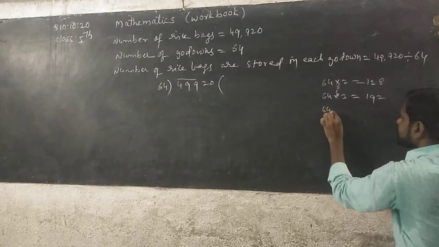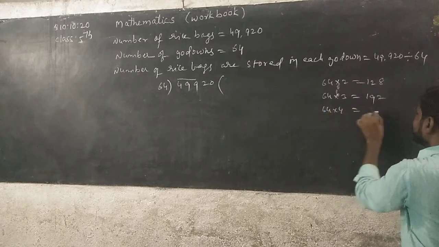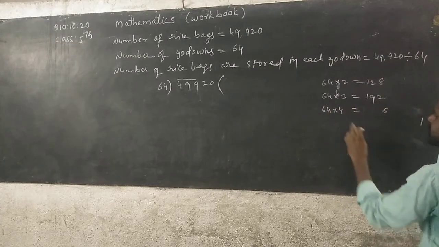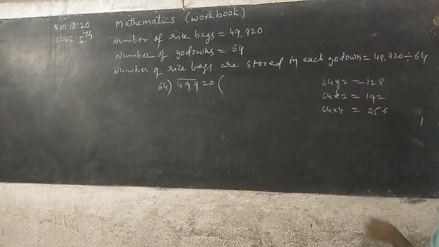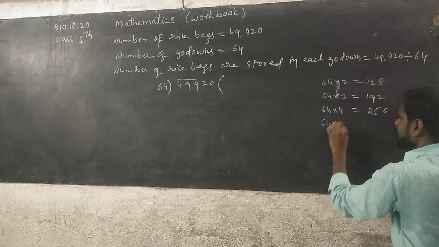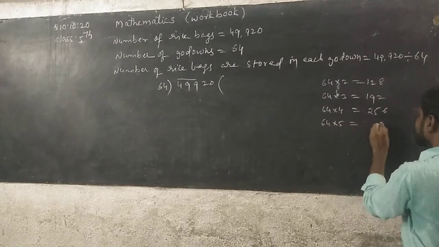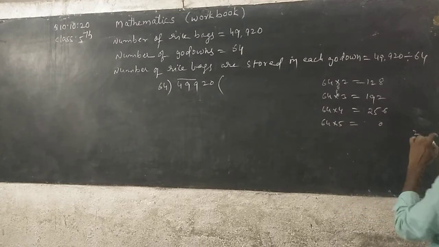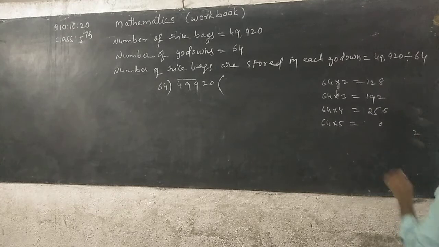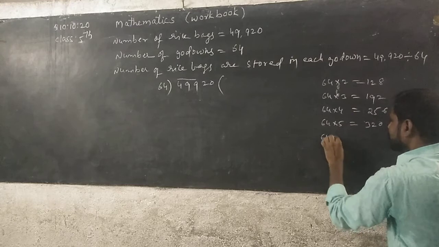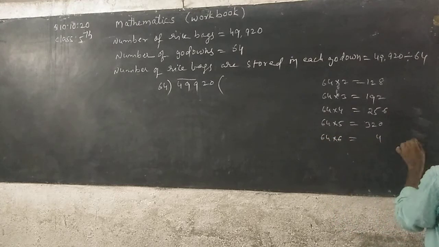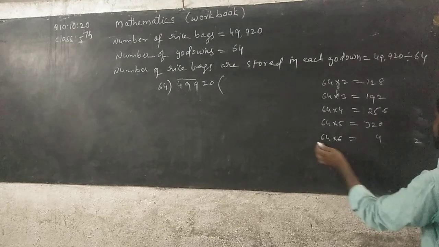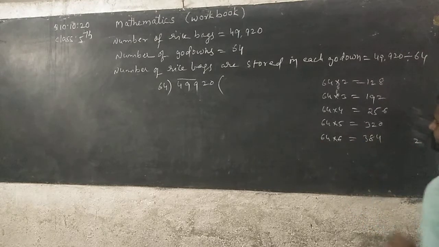Next 64 4s are 4 4s are 16, 6 taking carrying 1, 4 6s are 24 plus 1 is 25, 256. Next 64 5s are 5 4s are 20, 0 taking carrying 2, 5 6s are 30 plus 2 is 32, 320. 64 6s are 6 4s are 24, 4 taking carrying 2, 6 6s are 36 plus 2 is 38, 384.